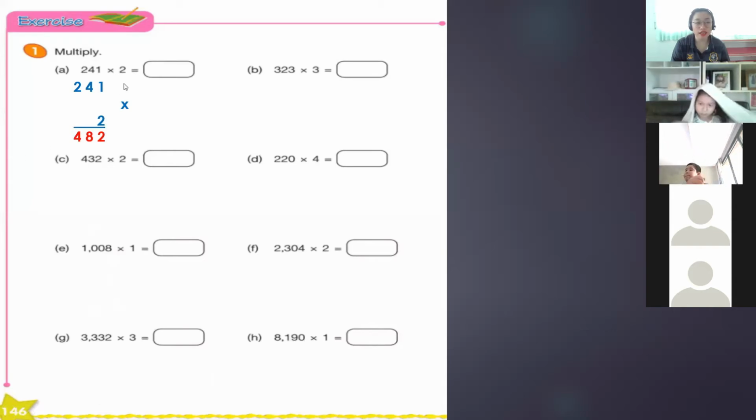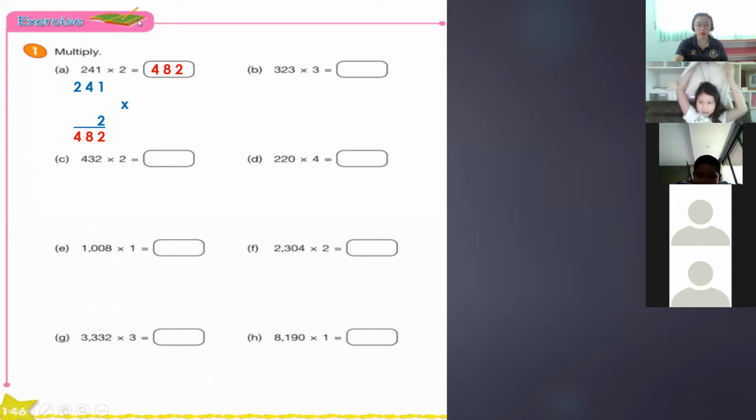So the answer in letter A is 482. The product of 241 times 2 is equal to 482.